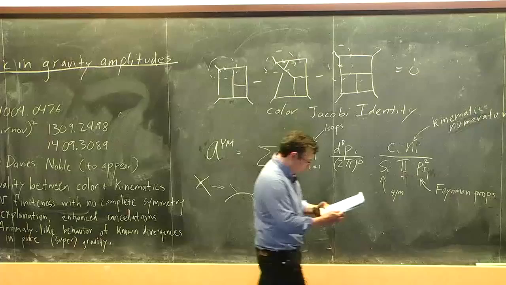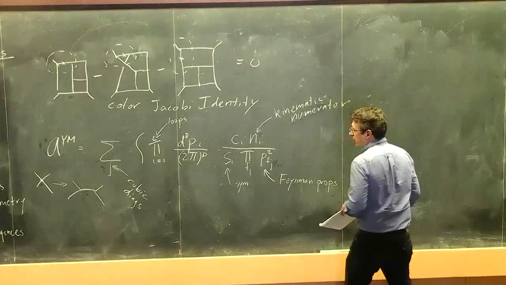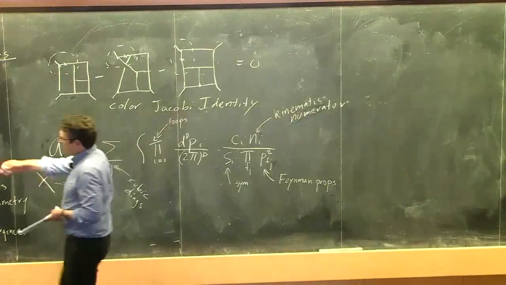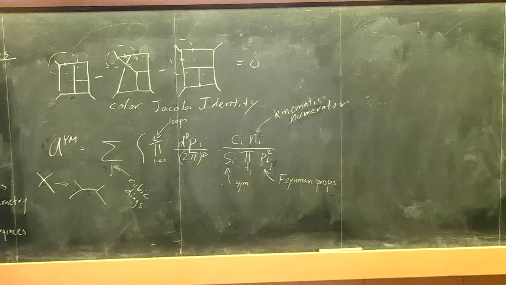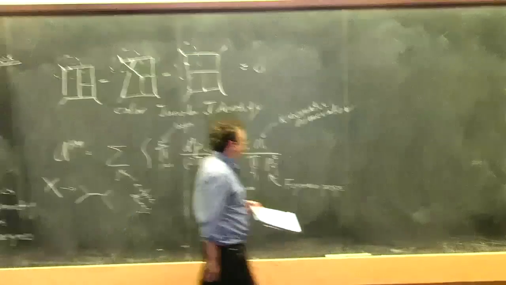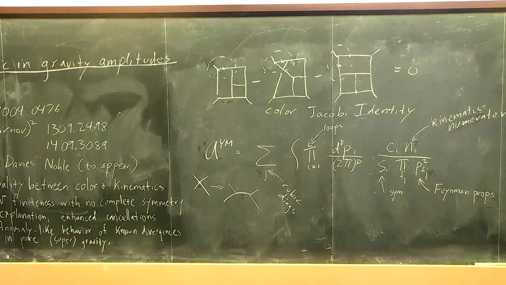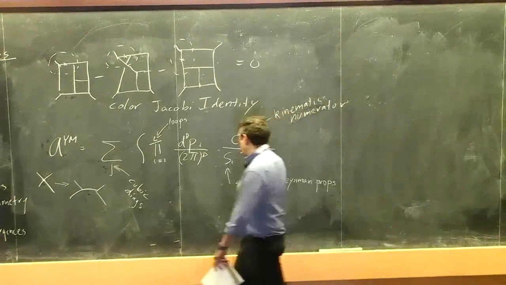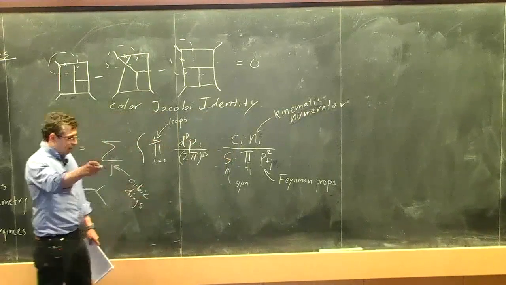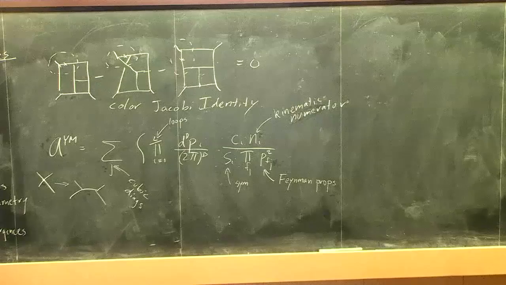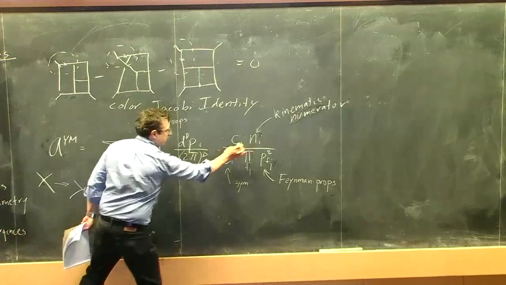Okay. So there's a claim. This is from our paper. So this is a conjecture. We don't know if this is true in general, but we certainly know it's true in certain cases. There's a claim that there exists a way, related to David's comment, that there's an ambiguity in what these numerators are.